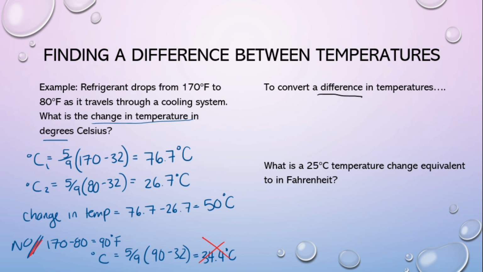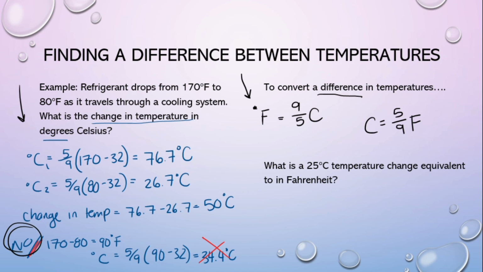If you're going to make a change in Fahrenheit, you are going to multiply by 9/5. And if you want to make a change in Celsius from Fahrenheit, you are going to multiply by 5/9. Either method works. You can go through all the steps, or you can just do the cheater. Just make sure you don't do that.